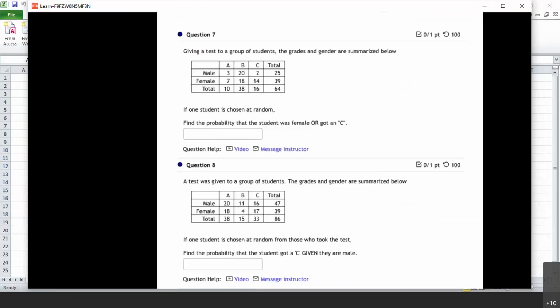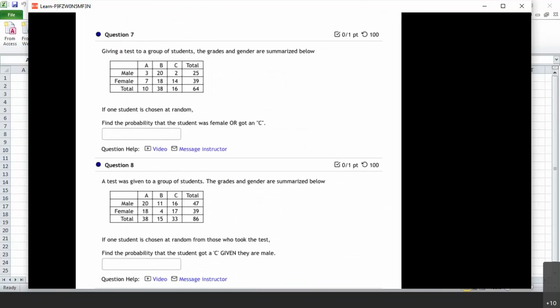The next one, number 7. We have a similar table. The numbers are different, but they're summed the same way. We're asked to find the probability that if we pick a student at random, the student was female or got a C. So you have to remember that the probability of female or C is the probability of females plus the probability of C's minus the probability of females and C's.